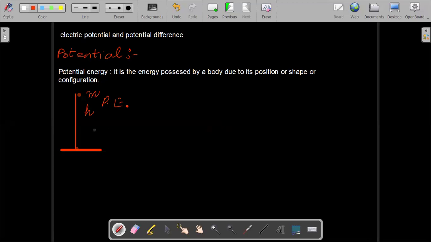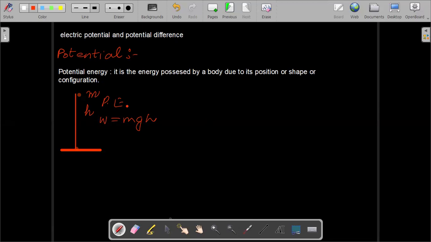So the gravitational potential energy is given as mgh. That is the potential energy stored against gravity. We have done our work against gravity. So our work done is equal to mgh, and this is the potential energy.